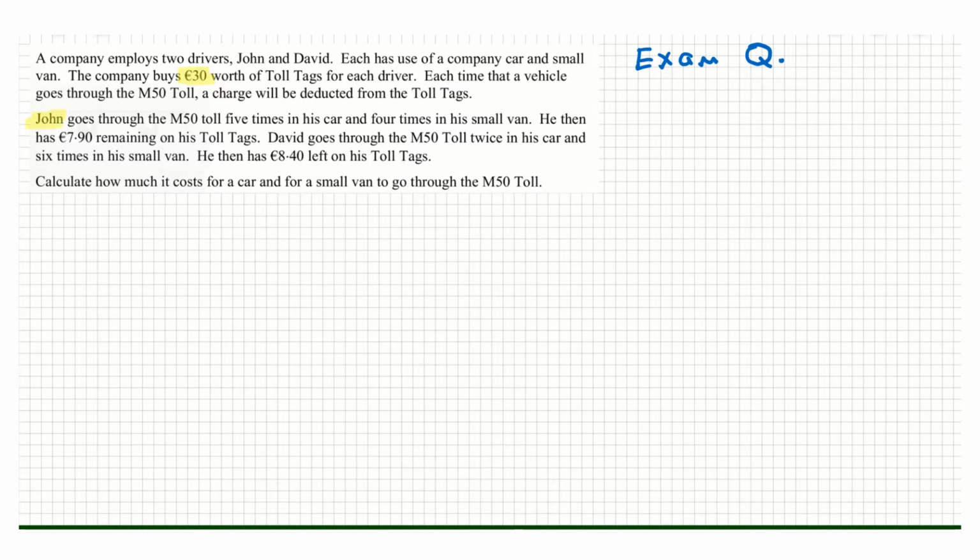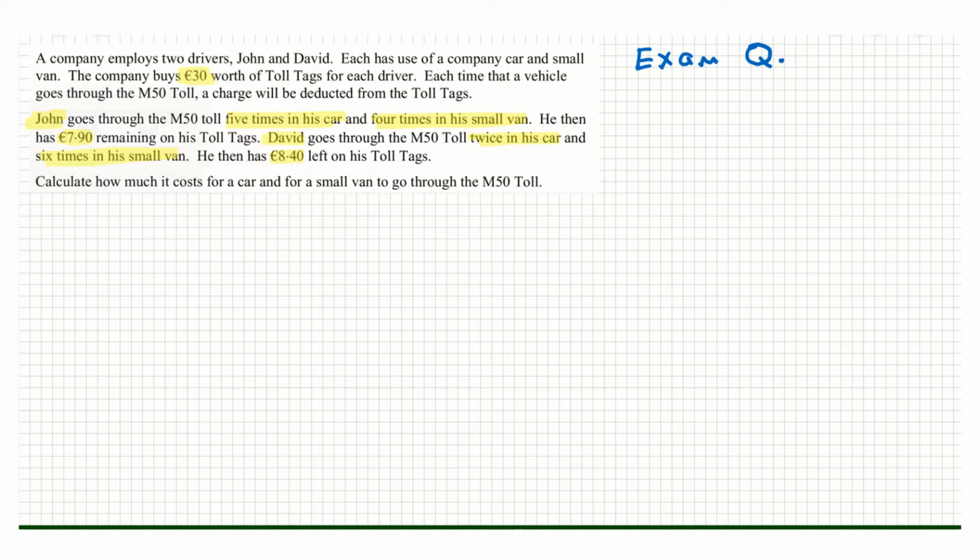He goes through the toll 5 times in his car, 4 times in his van, and he has €7.90 remaining. David goes through the M50 toll twice in his car, 6 times in his van, and he has €8.40 remaining. Calculate how much it costs for a car and a van to go through the M50.